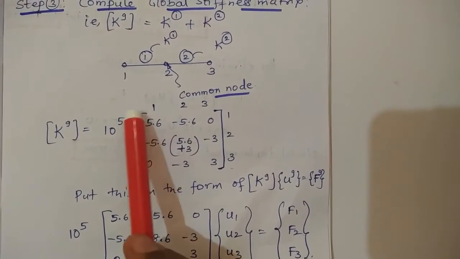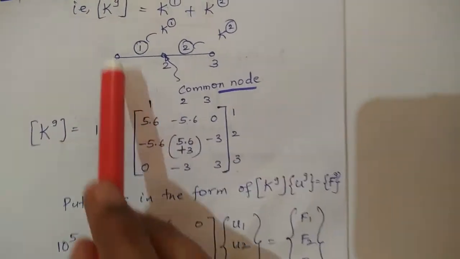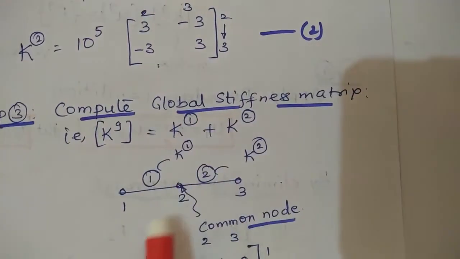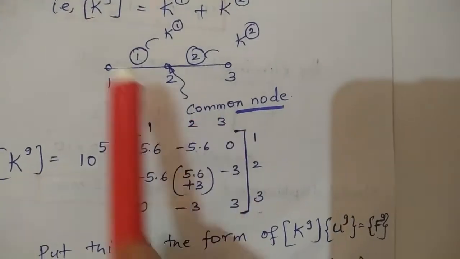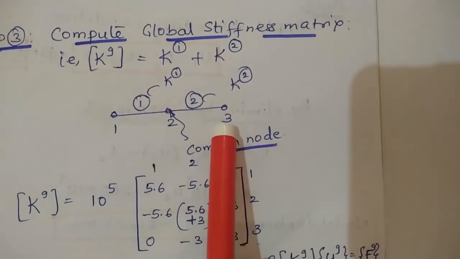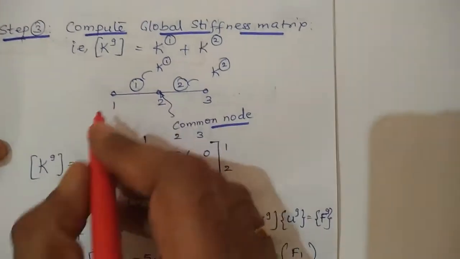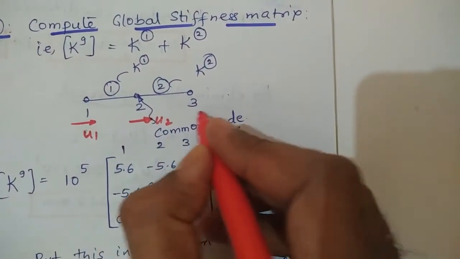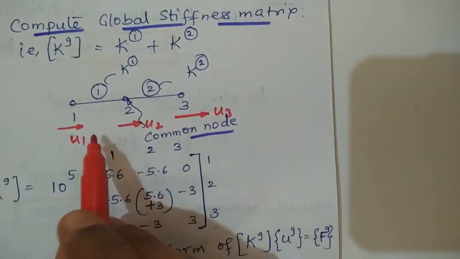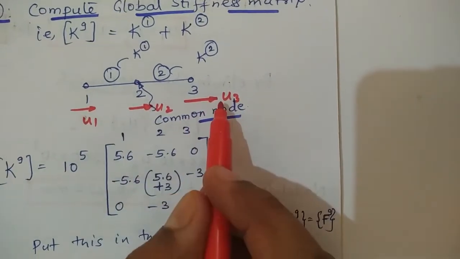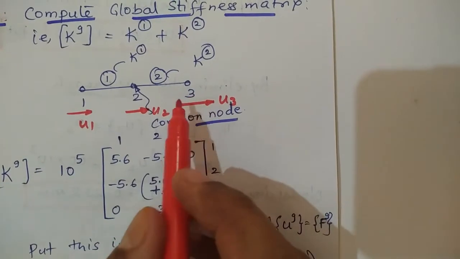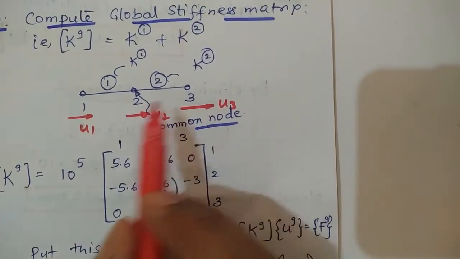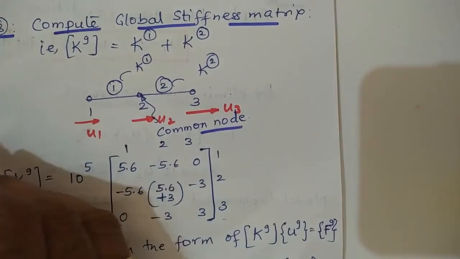K global is the assembled stiffness matrix, the structural or global stiffness matrix. It is a 3 cross 3 matrix. Why? Because you have 3 nodes for the entire structure: at node 1 you have U1, at node 2 you have U2, at node 3 you have U3. So how many degrees of freedom? 3 degrees of freedom, 3 nodes, and at each node you have 1 degree of freedom.